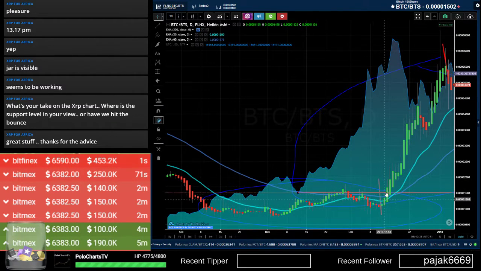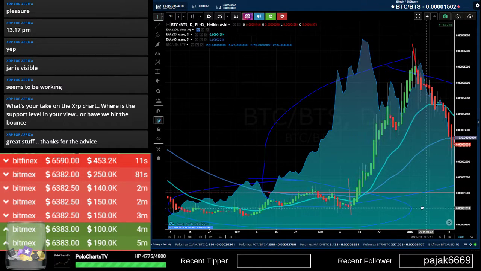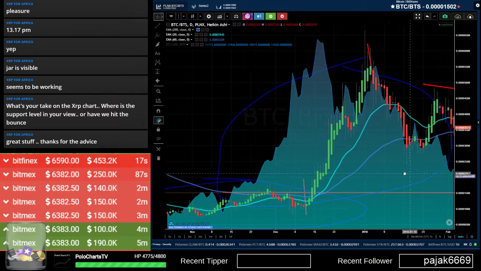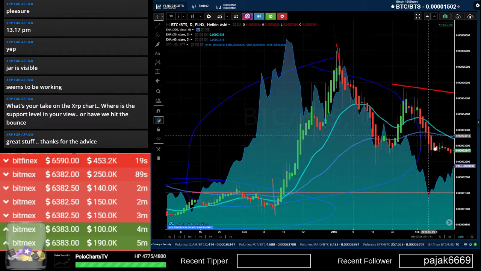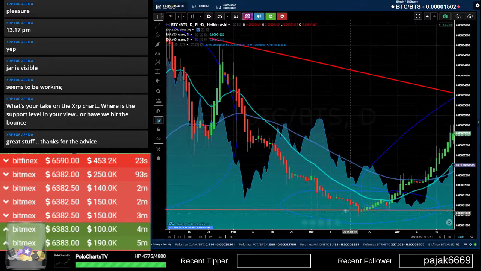Then here, all of the alts sprang up along with Bitcoin, showing a bit of strength. All the alts just exploded out of these bottoms because of the amount of pressure, it seemed, that they were pushed down under for so long. Now here you see that the alts are matching Bitcoin. They're surging with Bitcoin, they're dropping with Bitcoin. They're dropping against Bitcoin. And here, this was frustrating because they were not matching Bitcoin.